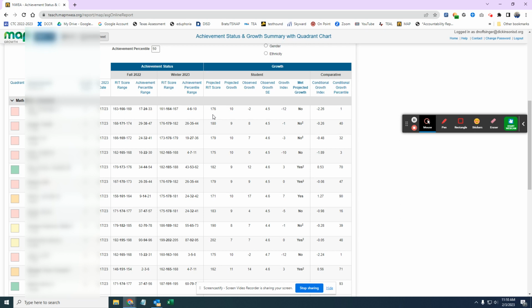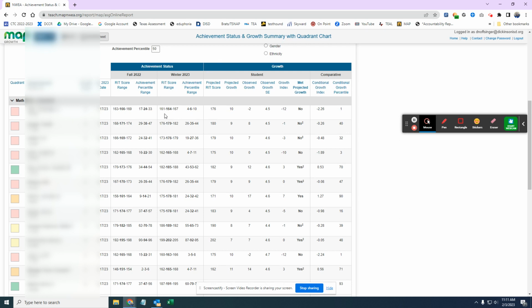Their projected would be 176. Now, how they make that projection is that they look at all the longitudinal data. And they say if a student was at 166 RIT at the beginning of the year, then the average student progresses to a RIT score of 176 by the middle of the year. Therefore, they should have made a RIT gain of 10 points.